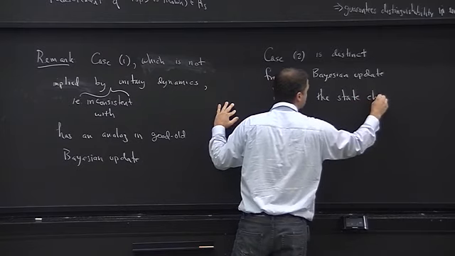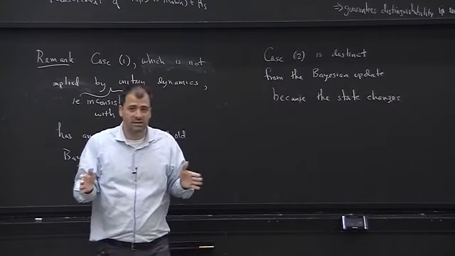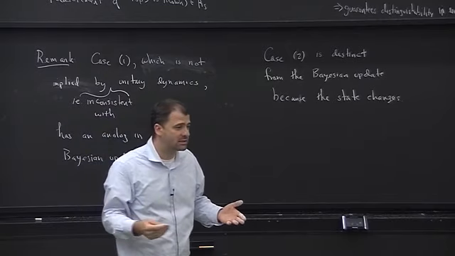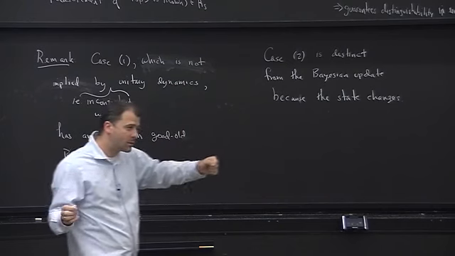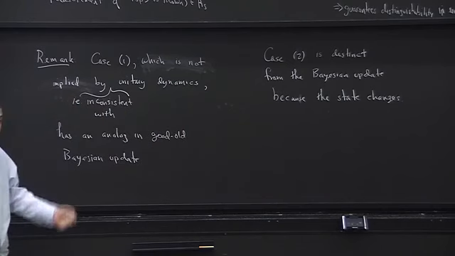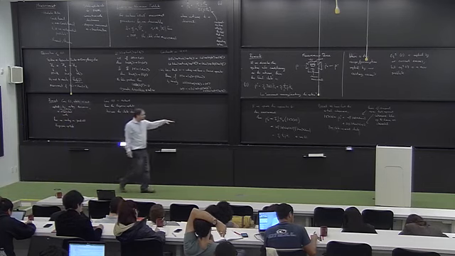The state changes. So classically, if I do a measurement and then I ignore which outcome I got, I haven't affected the system at all. My probability density rho goes to rho prime, which is equal to rho. But here we've actually lost coherence.